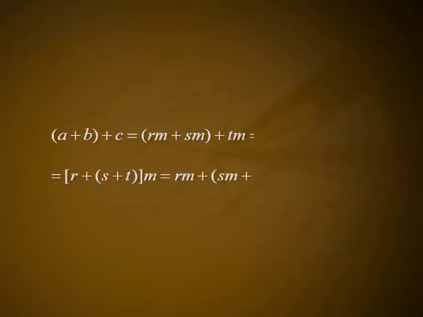If C equals tm, then (A plus B) plus C equals (rm plus sm) plus tm, which equals (r plus s plus t)m, which equals rm plus (sm plus tm), which equals A plus (B plus C), showing the associativity.